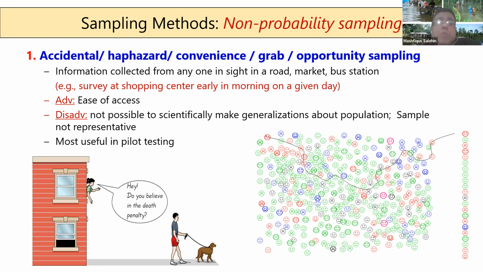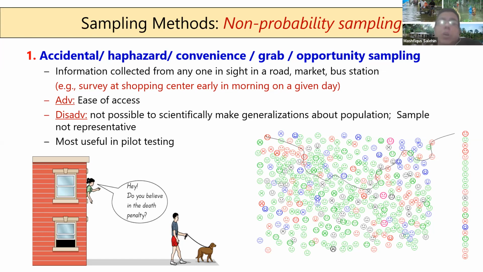For example, say your research focuses on what type of customers go to a particular shopping center, and you try to understand their satisfaction with a particular product and so on.